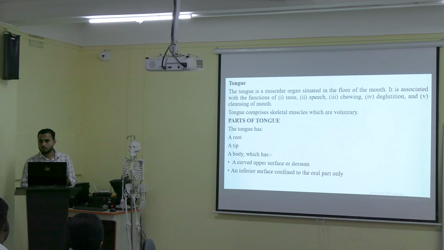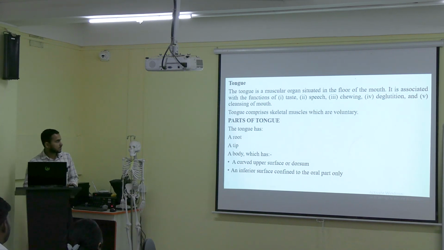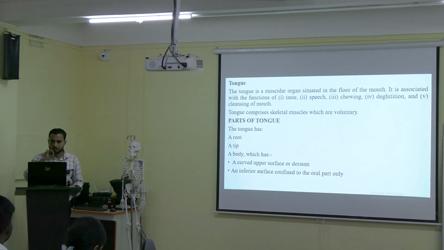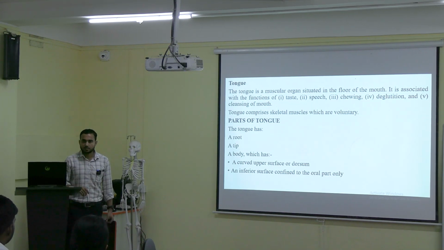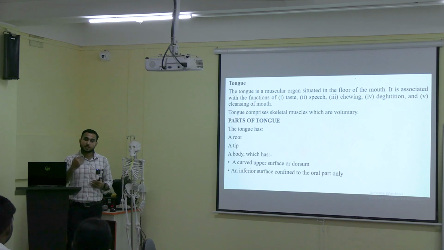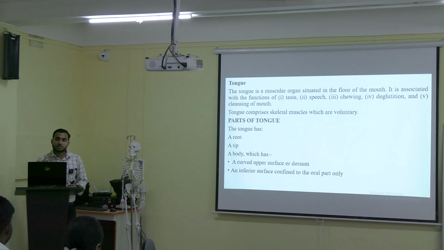In gross, when you study the parts of the tongue, mainly the dorsum of the tongue, which you can see when you open your mouth, the dorsum has 3 parts. The embryology, the source of development, is different for each, and the nerve supply is also different. So the sensory nerve supply and taste sensation are different. That's why it is very important and questions are generally asked from this area.